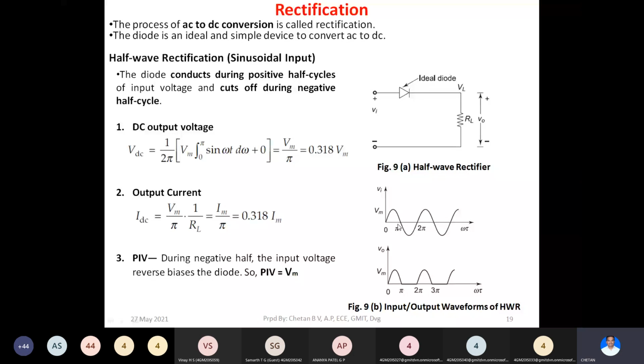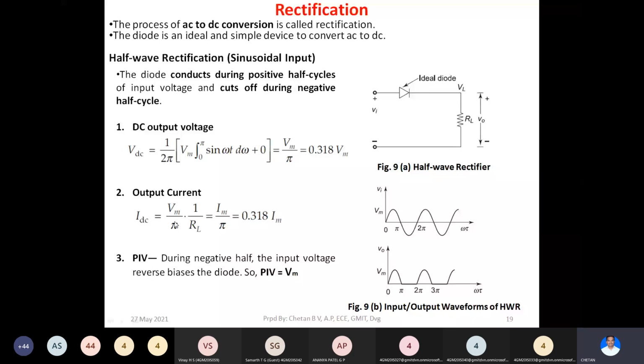Next parameter is to find out the output current. You have to find out IDC, the DC current that flows through this RL. How to find out the DC current which flows through this RL? Use Ohm's law. You know that the value of VDC is Vm by pi. Therefore, VDC divided by RL, so Vm by pi divided by RL, which will be Vm by pi into 1 by RL.